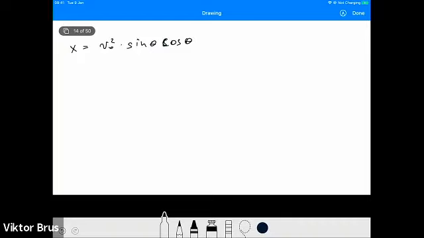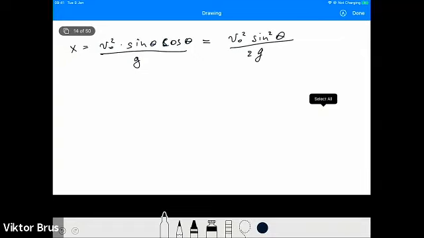And now this can be written as v naught squared multiplied by sine 2 theta divided by, here I forgot g, divided by 2g. And we see that this, if we compare it to our previously derived equation, is L.